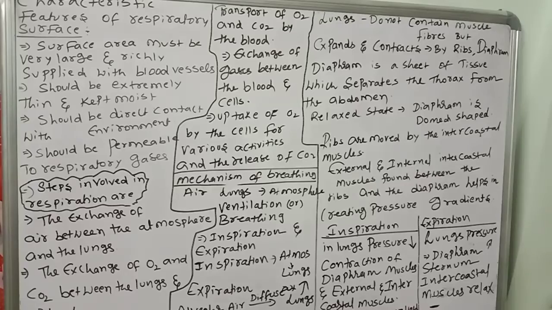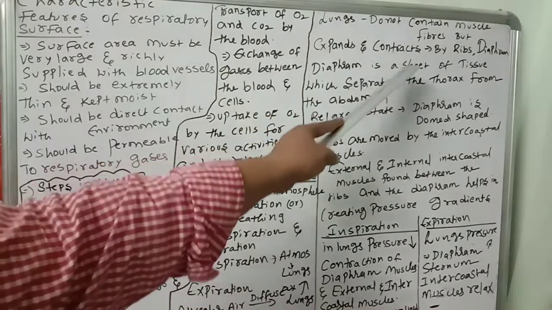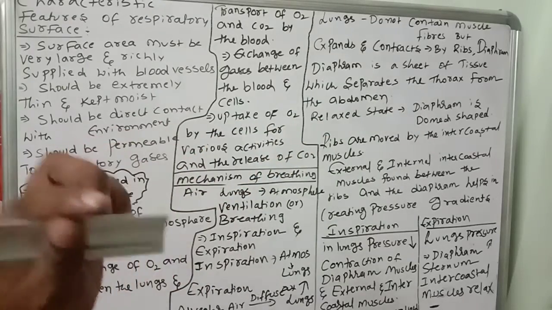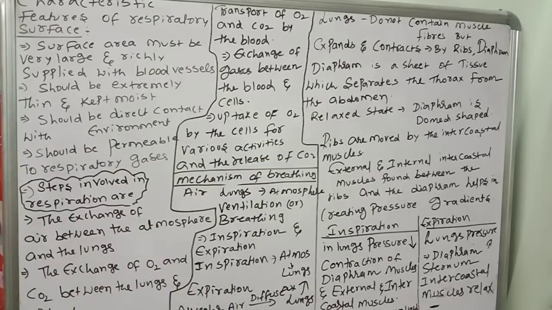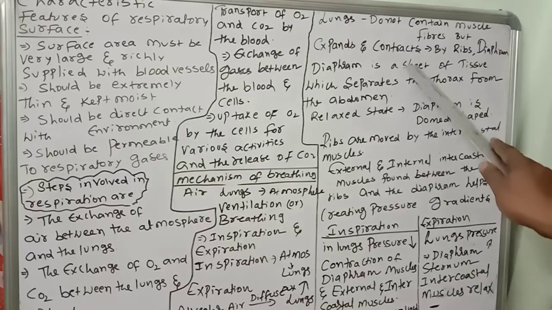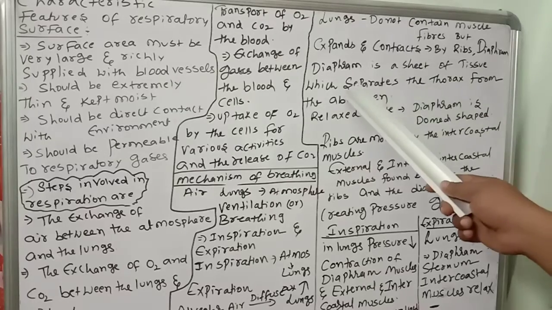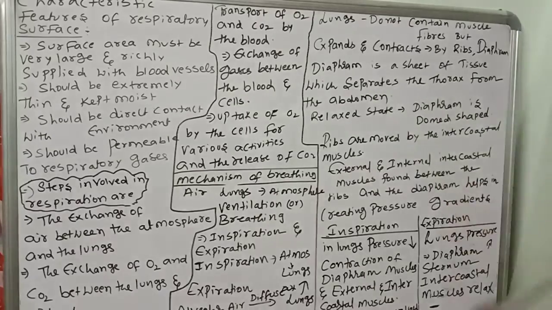The diaphragm is a sheet of tissue which separates the thorax from the abdomen. So how can you define the diaphragm? This is very important, because the diaphragm plays a very important role in breathing.